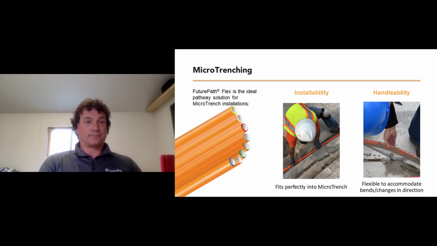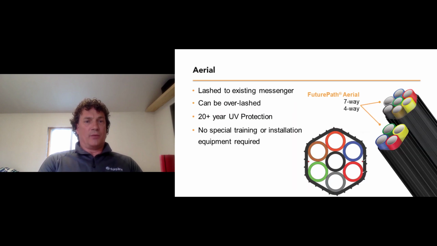If you can. Another application that we've come across is a mix of underground and aerial. There's certain applications where it's required to transition from underground to aerial. So there's aerial products in microtechnology for both lashable or self-support with an existing messenger.